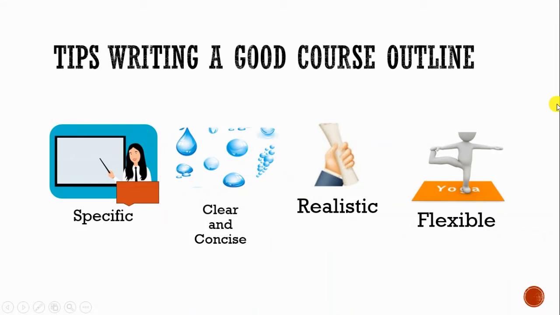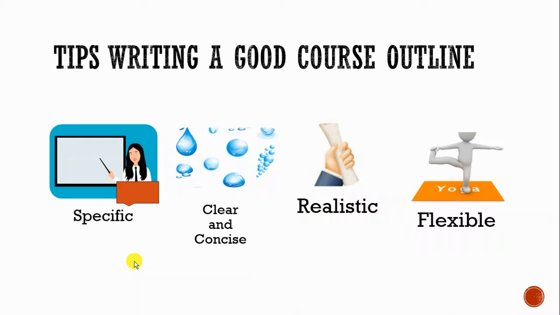So, what are the tips of a good course outline? One is your course outline should be specific, and that should include specific information about your course objectives, requirements, and assessments, and many others that you have talked about.